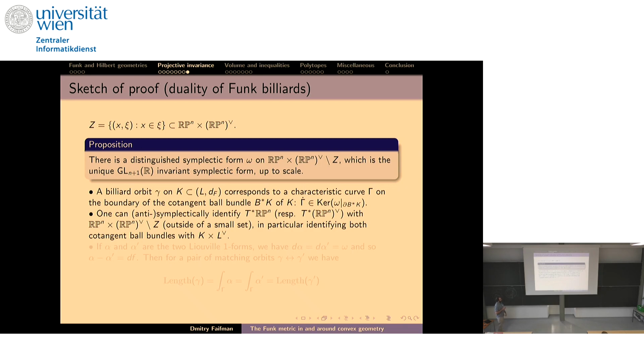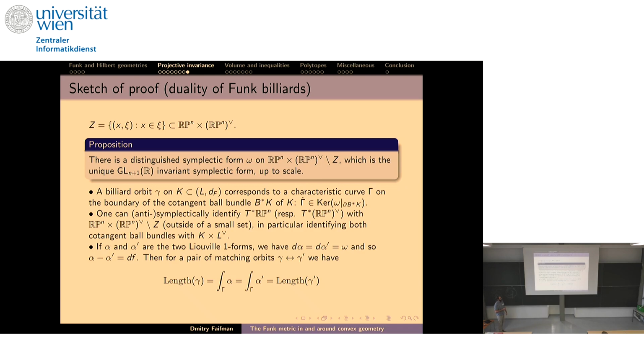And the key insight here is that you can identify the cotangent space where everything lives with a subset of this product. So somehow, instead of looking at dual vectors, you're looking at points in the dual projective space. And here everything becomes symmetric.